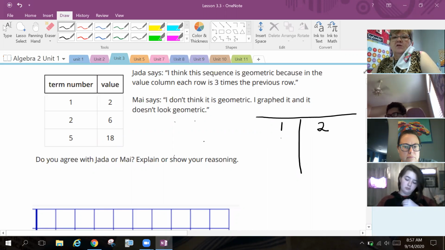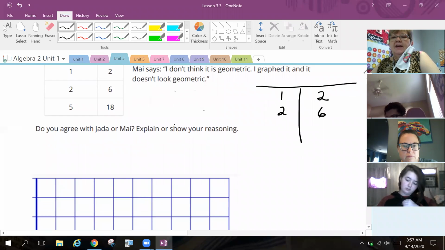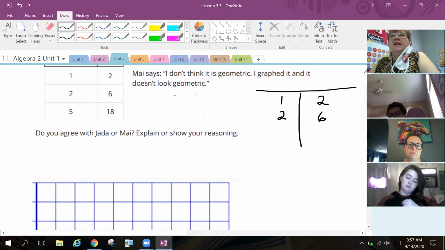And then it goes 2 to 6. So when you're looking at that, you're thinking right now that it's 2 times 3, right? And that's what Jada said. So let's put the values for 3, 4, and 5 up here.